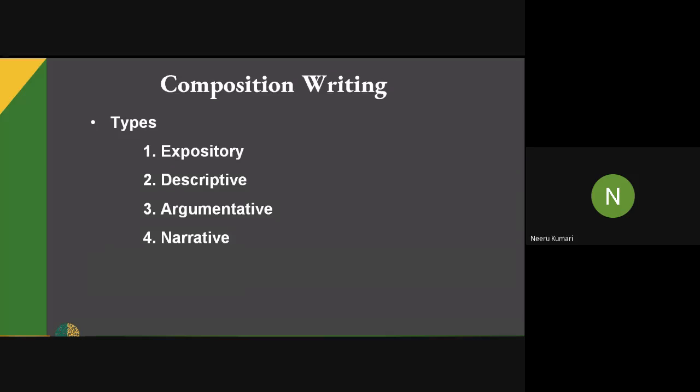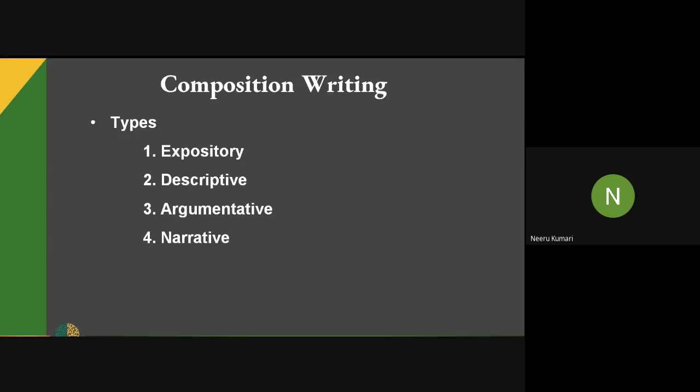When sentences are logically placed and connected one with the other, that forms a paragraph. These paragraphs will help you in drafting a composition. So what do we understand by composition? Composition is to compose an article or any written material.